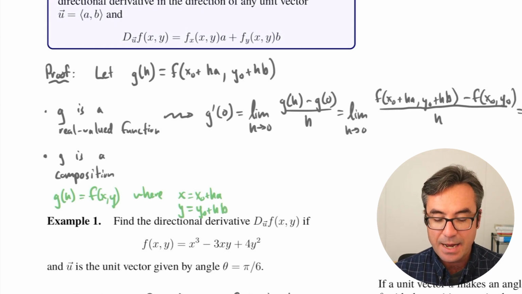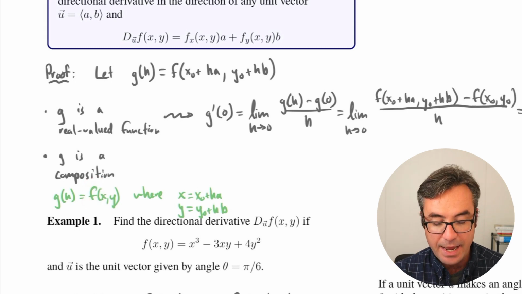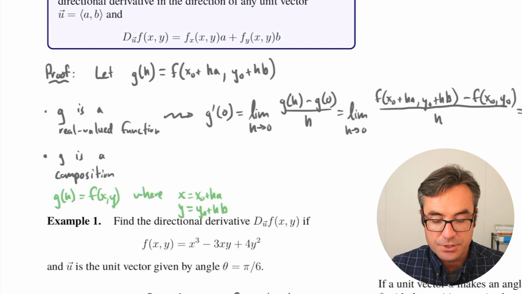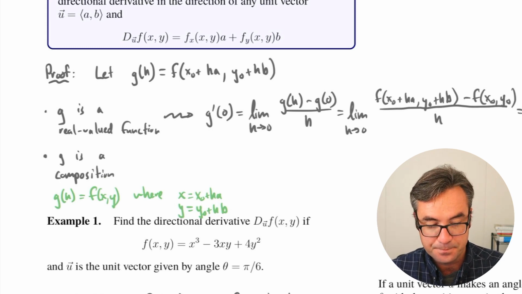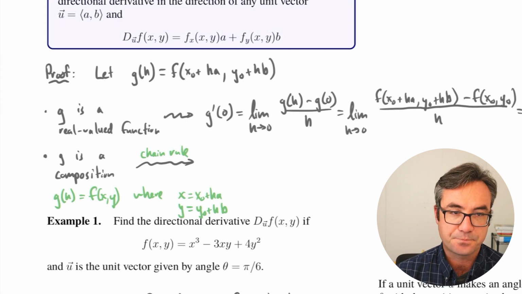When we have a composite function, we have an outer function f and two inner functions here. Chain rule is going to apply.